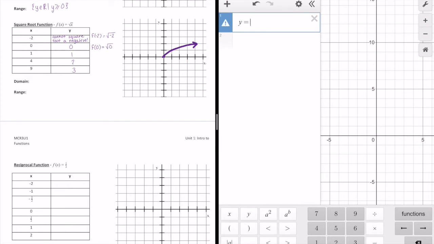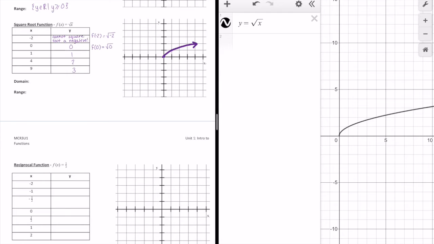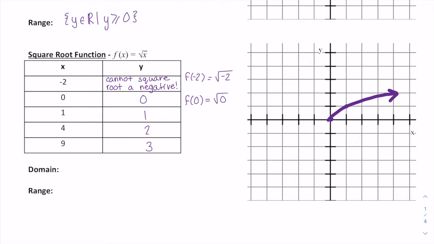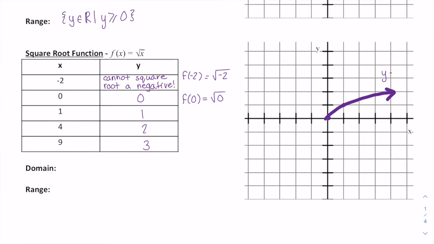y = square root of x, and again, it looks like this funny shape. Now let's look at our domain and range. For our domain, all of my x's are from 0 and going this way.